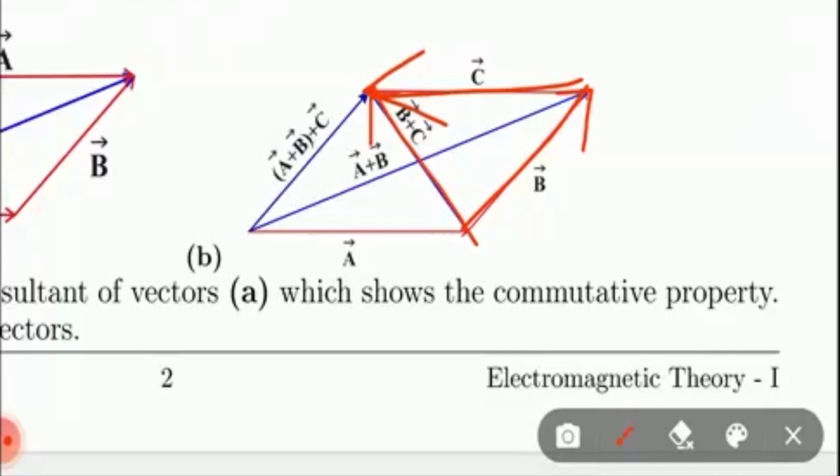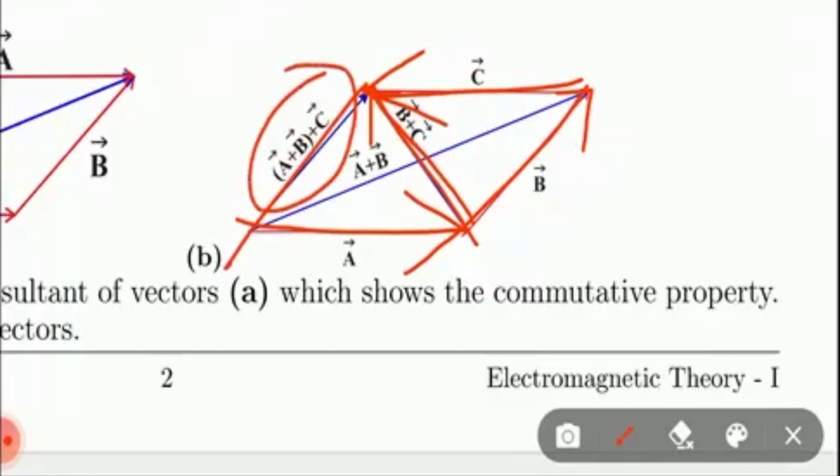Now if we want to associate a vector A with this addition, we can add it over here. You will see that this vector A is chosen as a first vector, and the second vector is B plus C over here, and their resultant is the third vector over here. You will see it is the sum of A plus B plus C. So the vector addition is associative in nature.